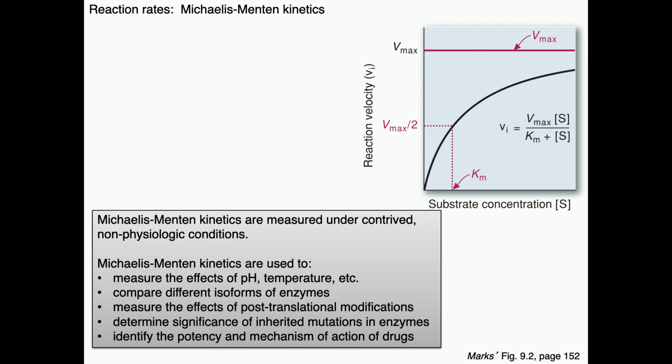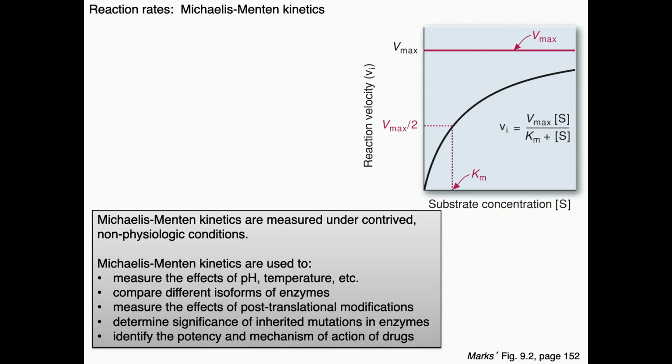However, Michaelis-Menten data are very useful for our understanding of reactions in the body. They can be used to measure the effect of different physiological or environmental conditions such as pH or temperature or what have you on the activity of an enzyme.